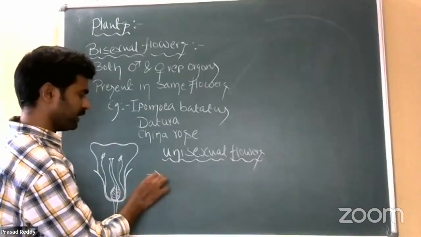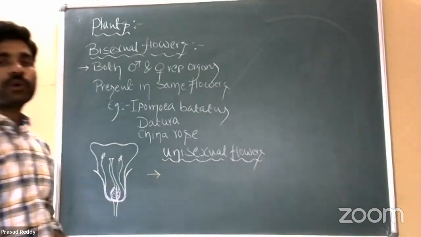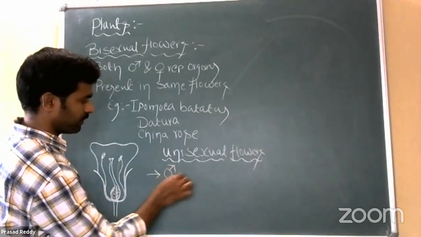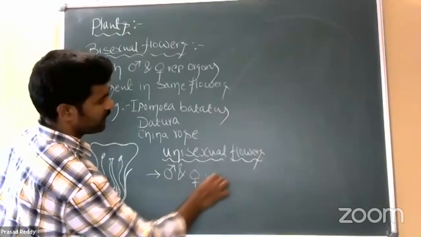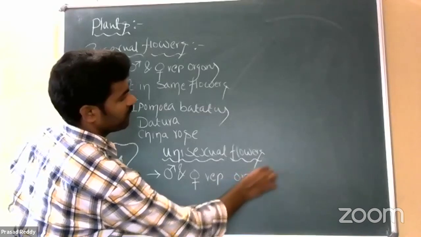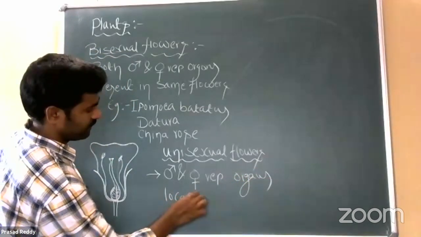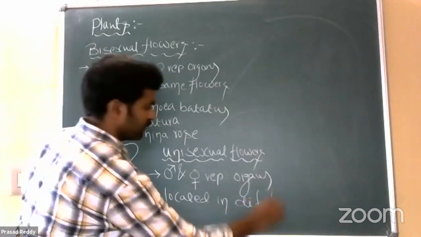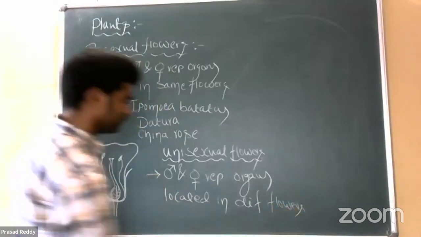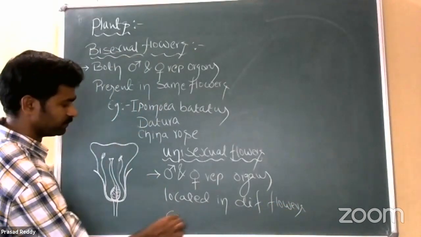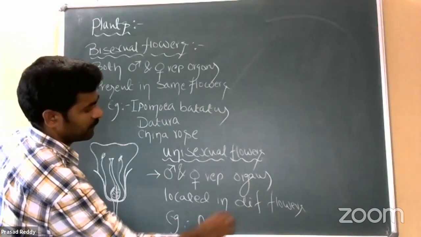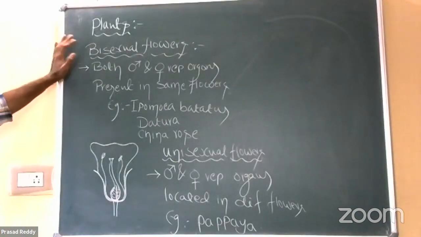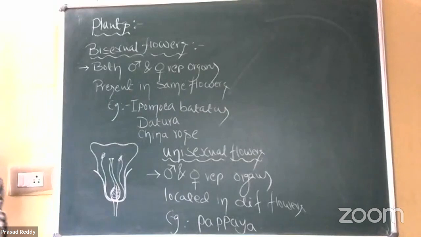So male and female reproductive organs located in different flowers are called unisexual flowers. Example, papaya, Carica papaya. So, bisexual flowers and unisexual flowers.